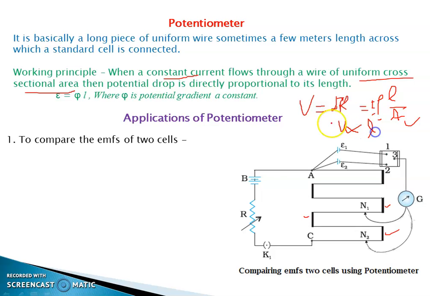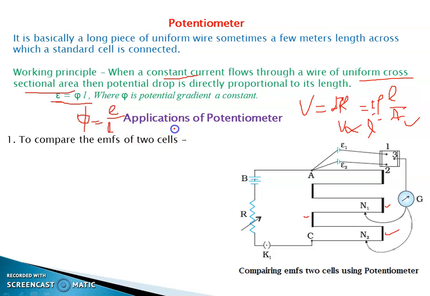Here we are writing V as E. E is equal to phi L, where phi is the potential gradient. The reason is that phi may be written as E by L, and E by L is voltage divided by length. This is the potential gradient.